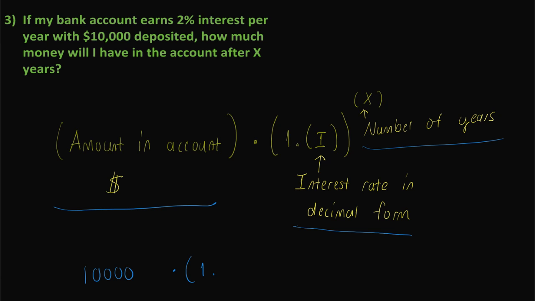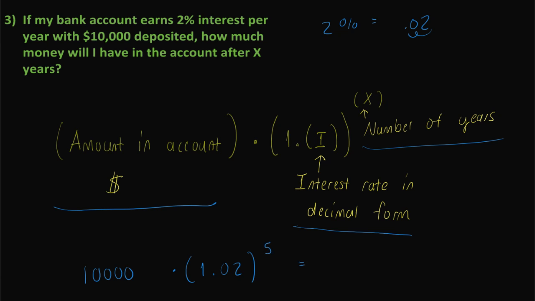So 2% equals, move the decimal over twice. There was no 0 in front of it before, so you need to fill in the gap there. 0.02, 1.02. And you raise what's in the parentheses, the big set of parentheses, to X, which is the number of years. So we said 5.